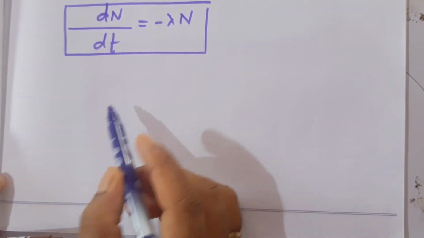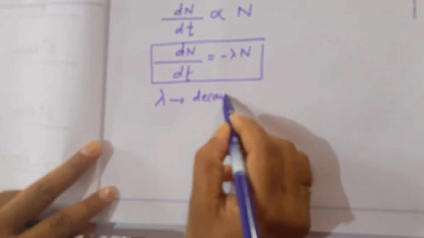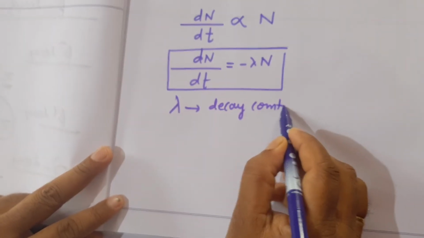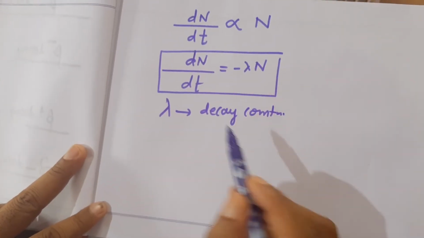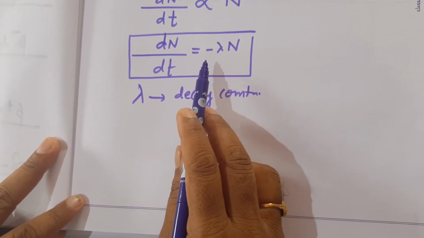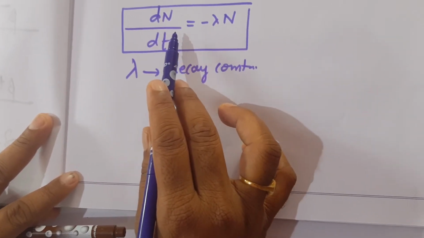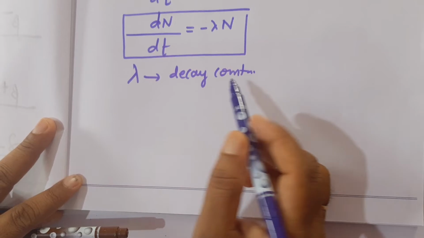Here lambda is the proportionality constant, called the decay constant. The minus sign indicates that the number of nuclei of the radioactive substance decreases with increase of time.